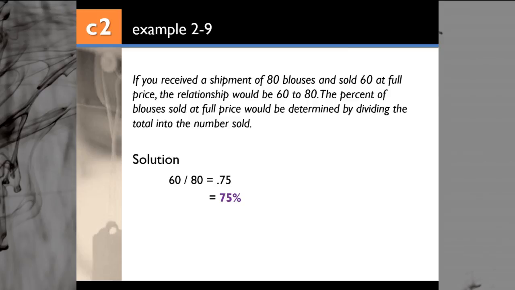Another example: if you sold all the blouses, that is 80 over 80, so you have 100% sales.